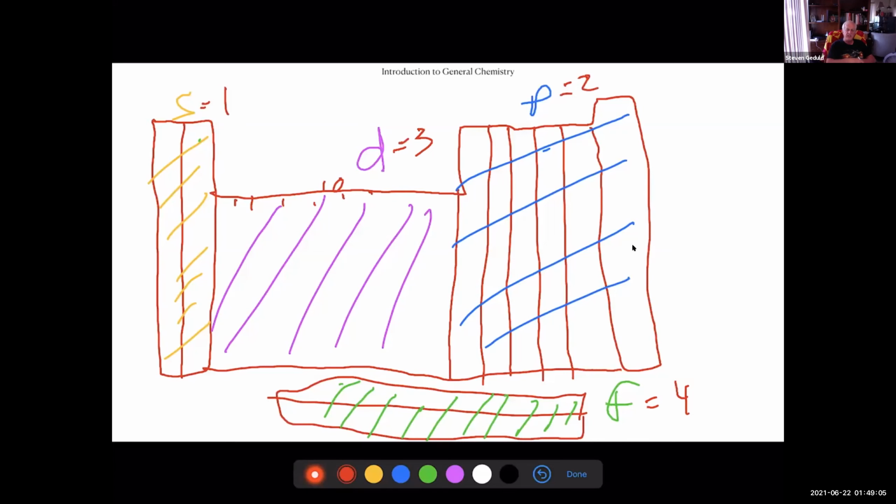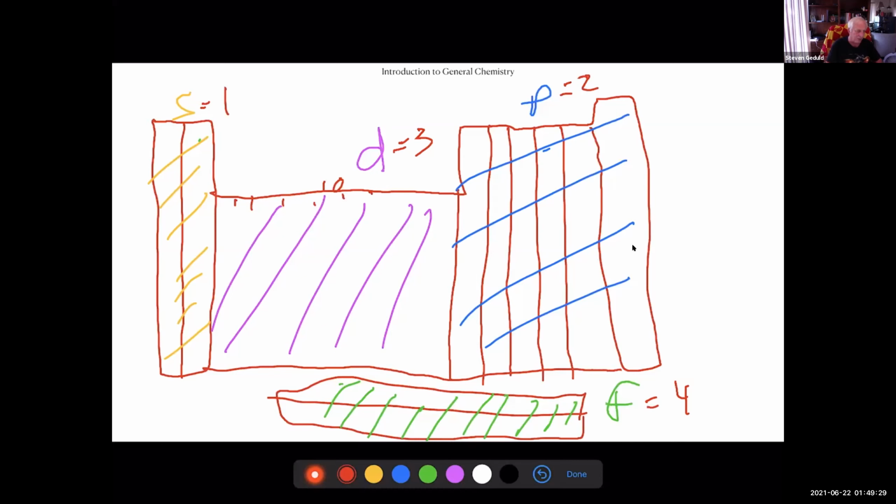So know where S, P, D, and F are on the periodic table. S's are always going to start with 1, P's with 2, D's with 3, and F's with 4. So there's no such thing as a 3F because F starts with 4. There's no such thing as a 2D because D starts with 3.